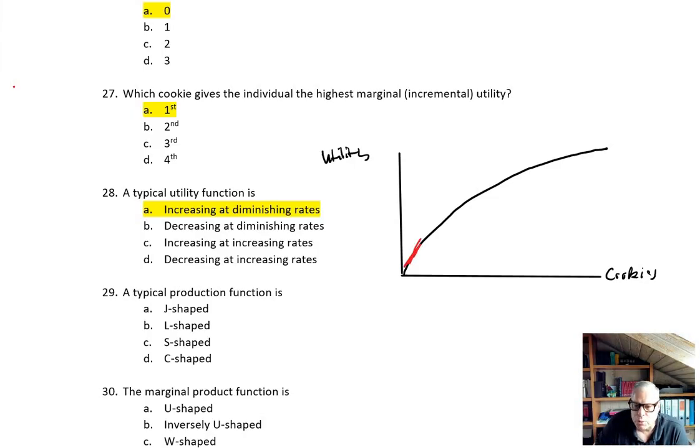This is the slope. Here the slope is very steep. And then the more you move to the right, the more you consume, the flatter gets the slope. And mathematically, the slope, the first derivative of a function, like a total utility function, the first derivative is the marginal utility.